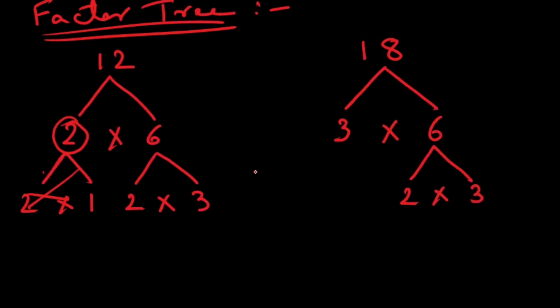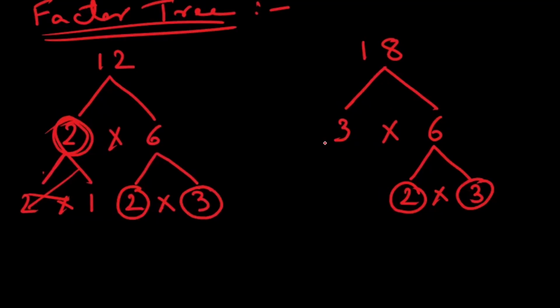Now circle the numbers they both have. Which numbers do they both have? Here it is 2, here it is also 2. And 3, they both have 3 in common. So the common numbers are 2 and 3.